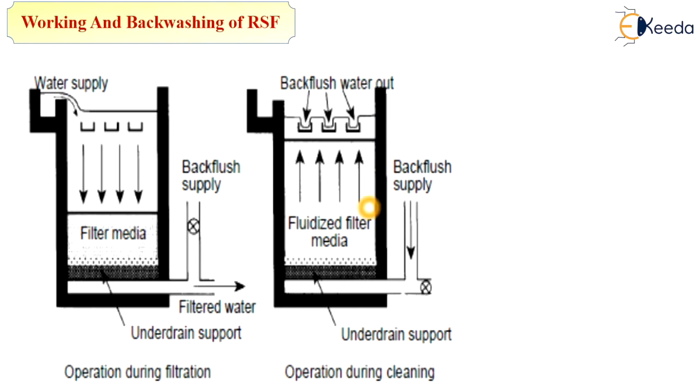During that, we open the valve of backwashing and allow the water to pass through this back supply pipe, and the direction of flow of water is from bottom to top, so that the impurities trapped in voids are cleaned, and that way the filter media gets cleaned.